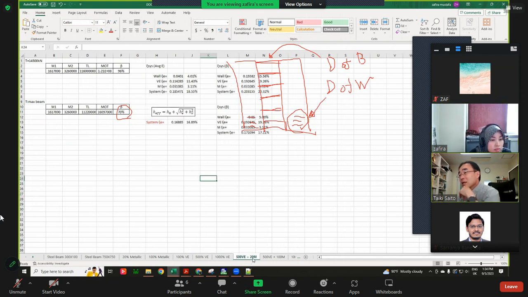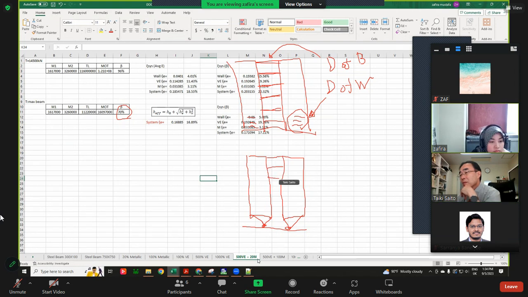So I know some people studied this one, putting pin supports at the bottom of each wall and connecting them by coupling beams.